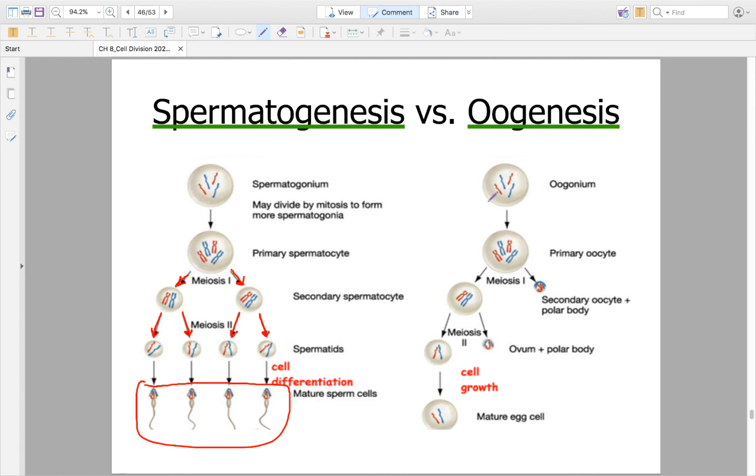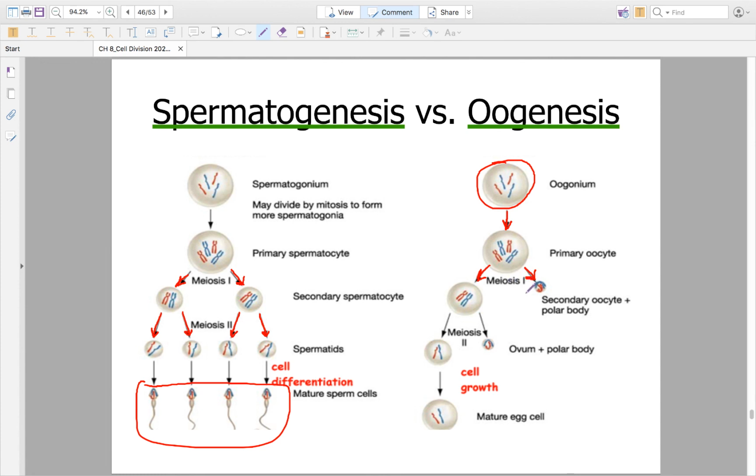Now, oogenesis is a little different. So the beginning is that individual's diploid cell count. And then, of course, it will go through the whole process of interphase, then meiosis 1. And notice this, when meiosis 1 occurs, you're going to see the chromosomes will be separated.